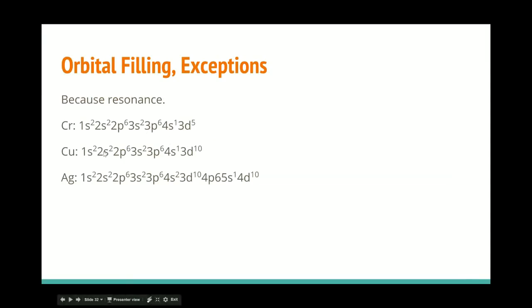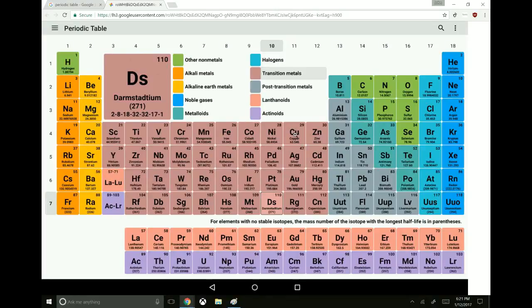Okay. Next we look at copper. Copper is also here in the fourth row, and it's also in the transition metals. So we're looking at 3d. So 1s2, 2s2, 2p6, 3s2, 3p6, 4s2 are all going to be full. And then it's 3d, 1, 2, 3, 4, 5, 6, 7, 8, 9.